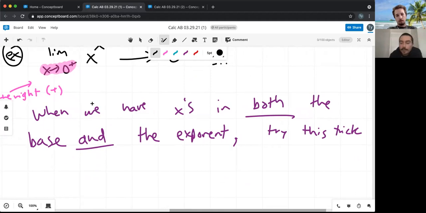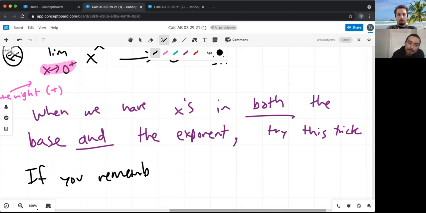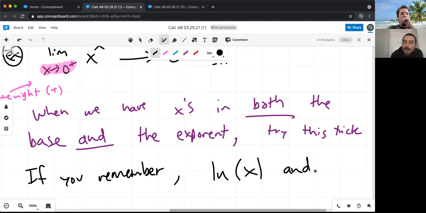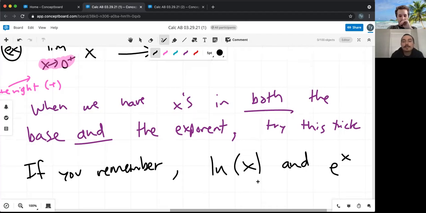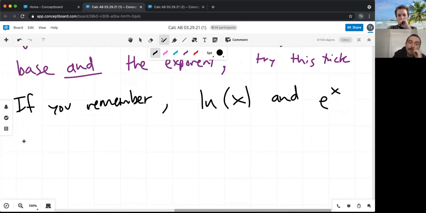Okay, how do I want to explain this? If you remember from log rules, natural log of x and e to the x are inverses. They're inverse functions.